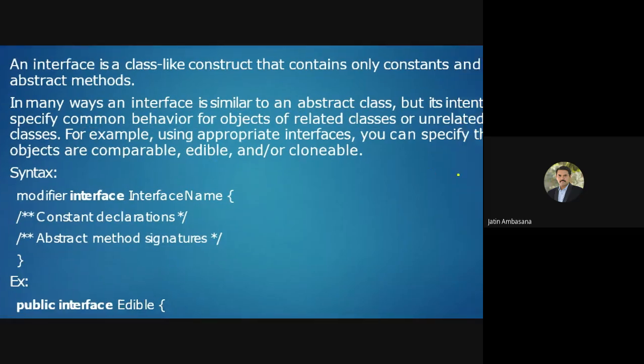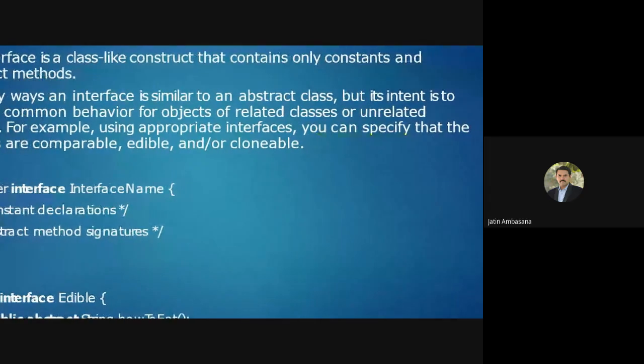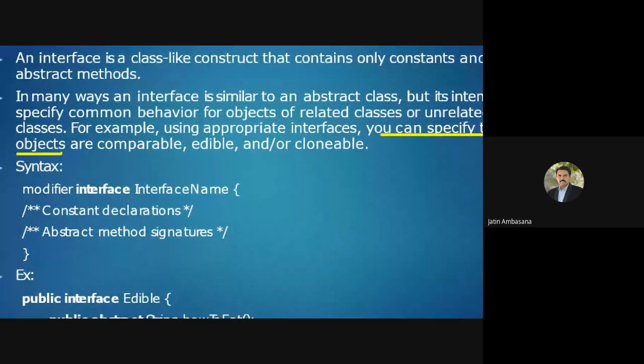For example, using appropriate interfaces, we can specify that some objects are comparable, some objects are edible, some objects are clonable, right? So whenever the word ending in "able" comes at the end of a word, you can assume that it's an interface. Most probably it is always an interface.